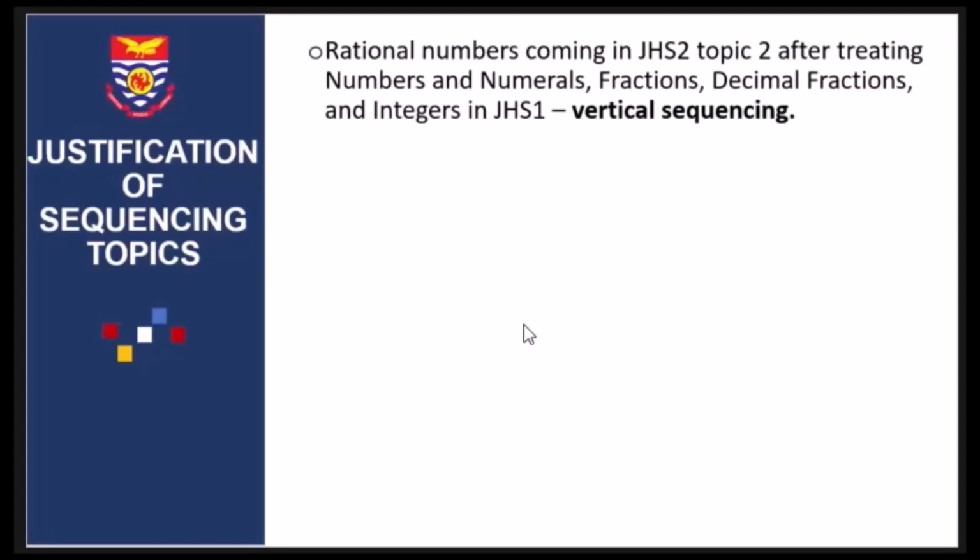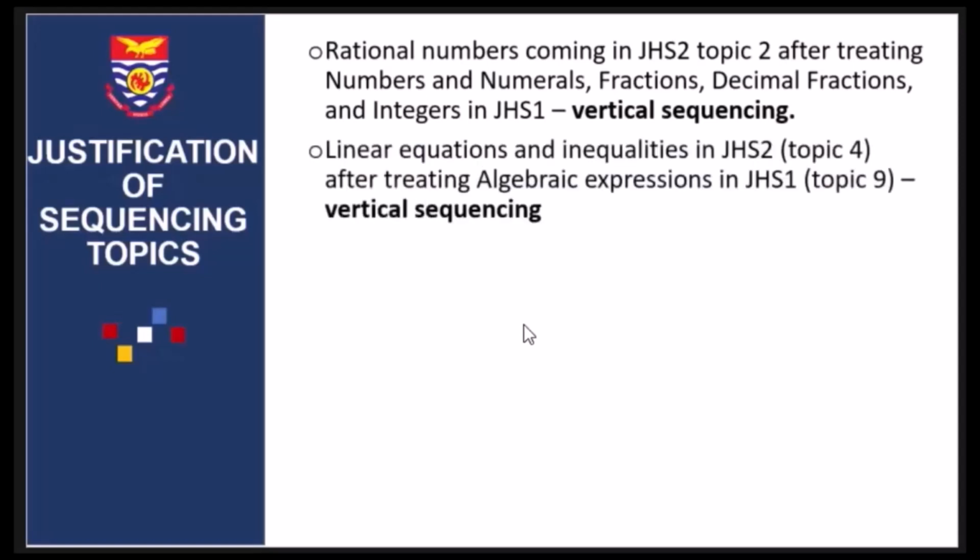So this is a vertical sequencing. So you can look at that JHS2 topic 2 as numbers and numerals, fractions, decimals in that order. So you see that we are looking at the grade JHS1, JHS2 in that order. Linear equations and inequalities in JHS2, that's topic 4, after treating algebraic expressions in JHS1, topic 9.